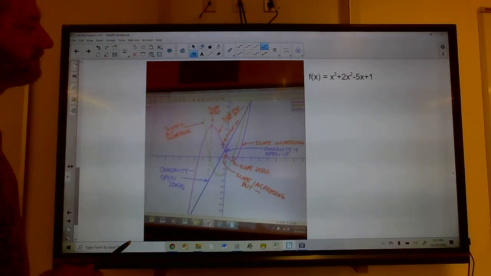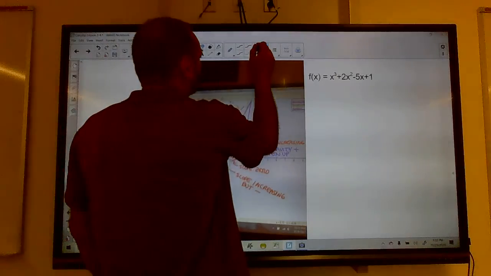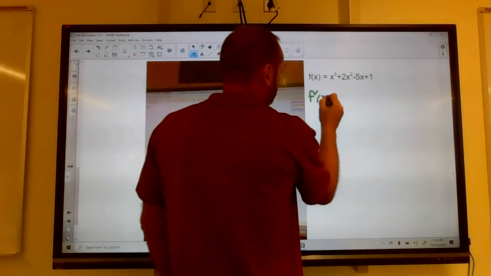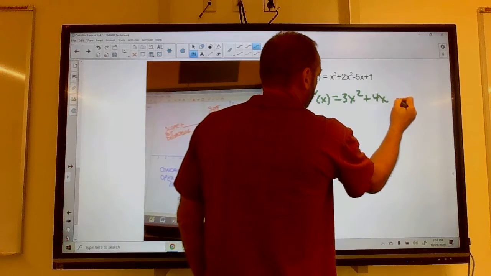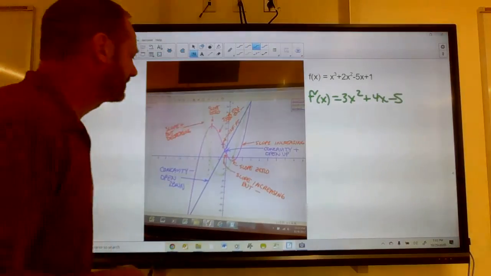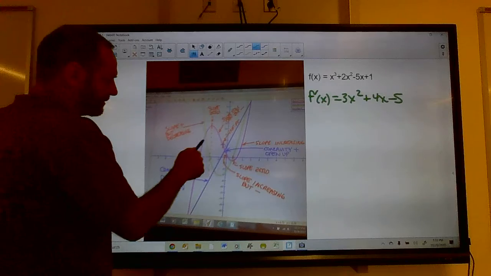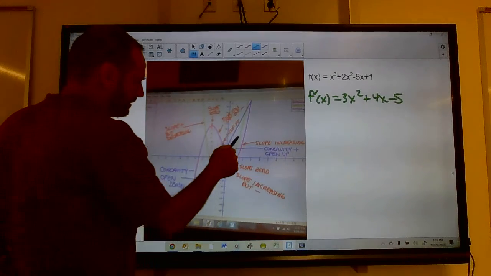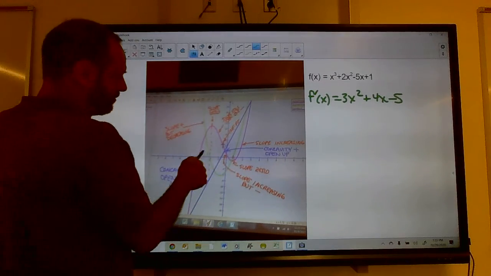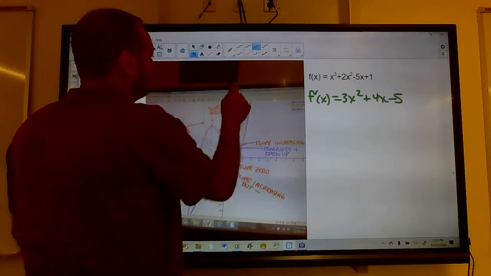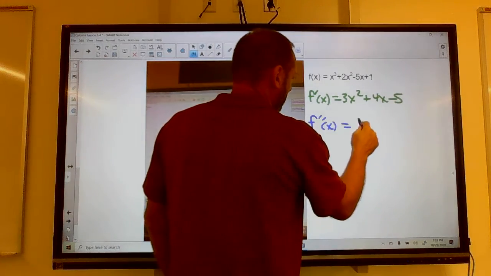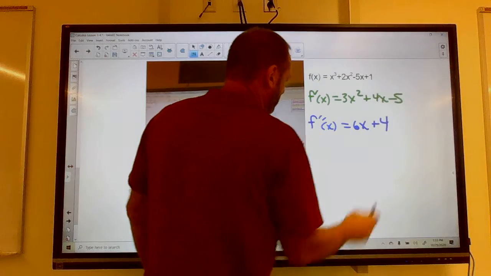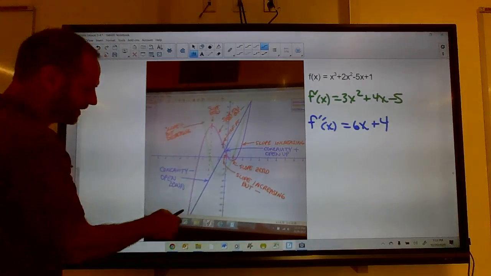Now the derivative of that is going to be 3x squared plus 4x minus 5. That's a parabola, this green parabola right here. That's the slope of the purple curve. And then the second derivative is going to be 6x plus 4. That's just a line. Guess what? That's that blue line right there.